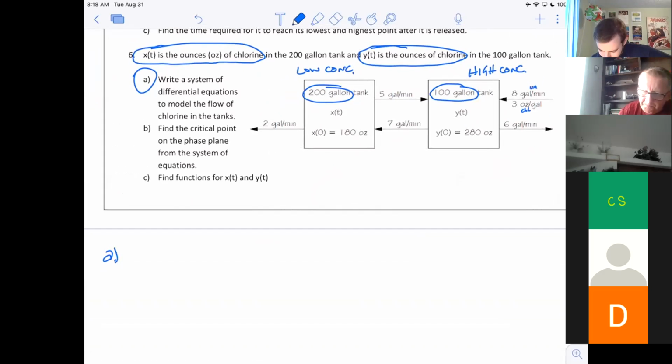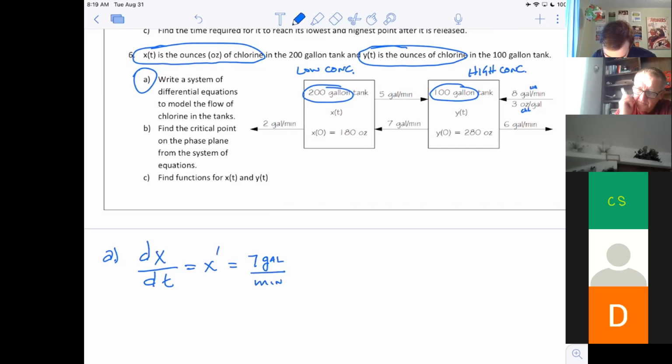So let's see, the rate of change. If I say dx dt, or just x prime for short, the rate of change of the chlorine in the X tank is equal to the rate in minus the rate out. Well, notice you have 7 gallons of liquid per minute coming in, but that's not chlorine.